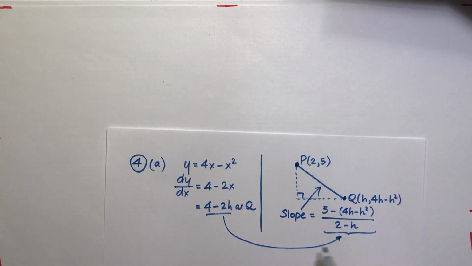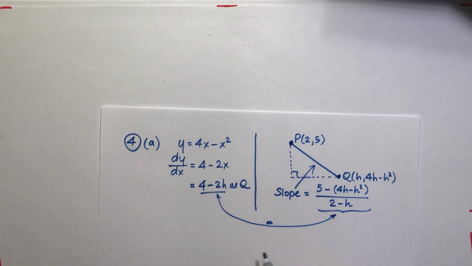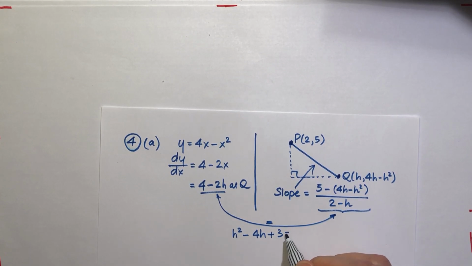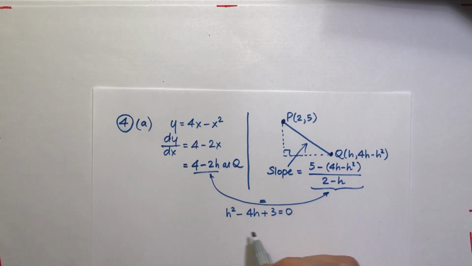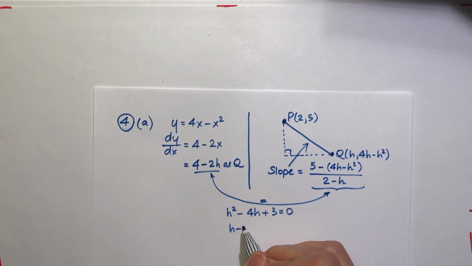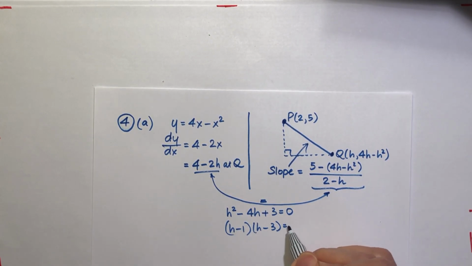So we can say that the left side equals the right side, and after some algebraic manipulation, we'll end up with a nice quadratic in h, which is h squared minus 4h plus 3 equals 0, and that can be factorized into (h minus 1)(h minus 3) equals 0.